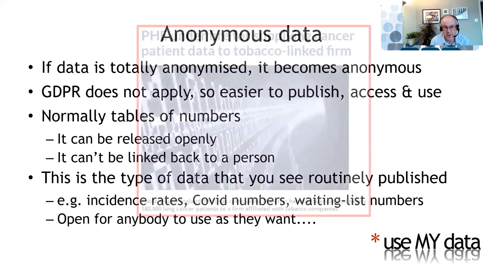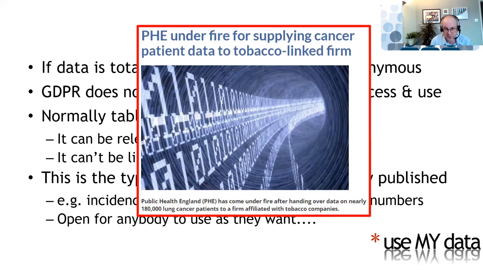Well, one example would be a few years ago, Public Health England, who are now part of NHS England, came under fire for supposedly giving cancer patient data about lung cancer to a tobacco firm. This was the headline that appeared in one of the technical literatures, but lots of broadsheets picked this up as well. And Public Health England came under fire because they had been linked back as the source of data.